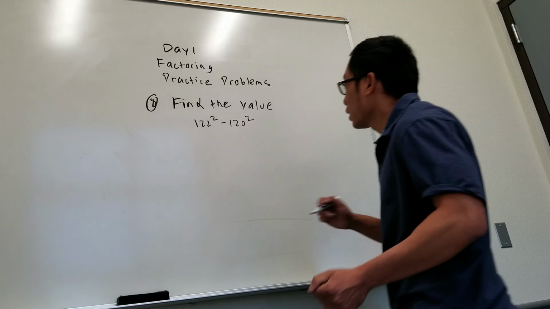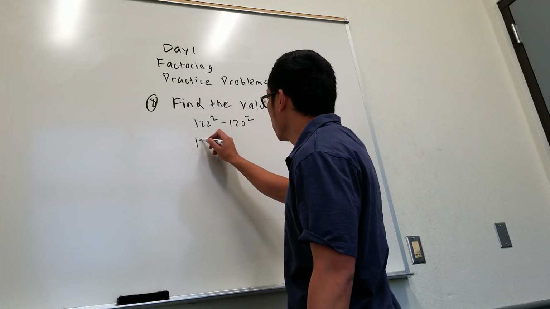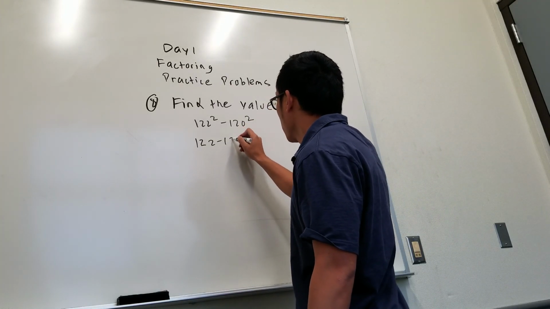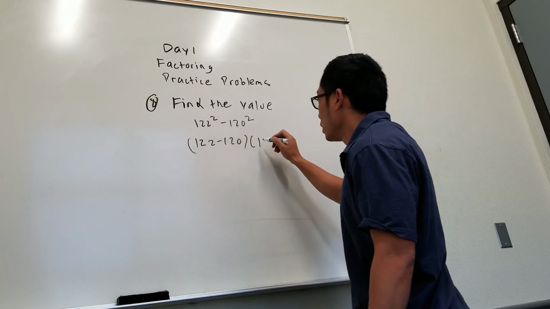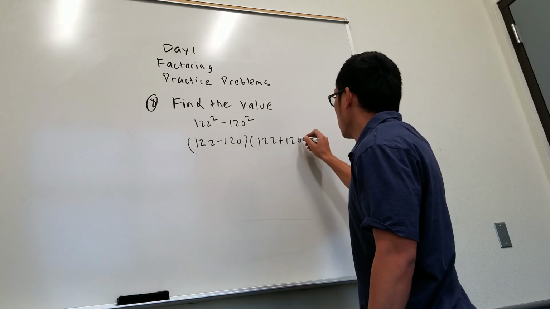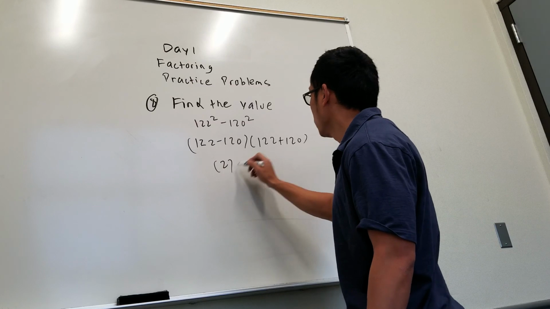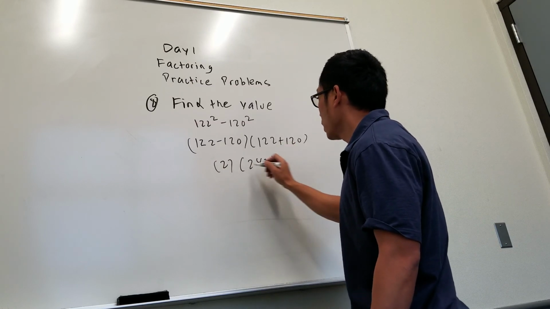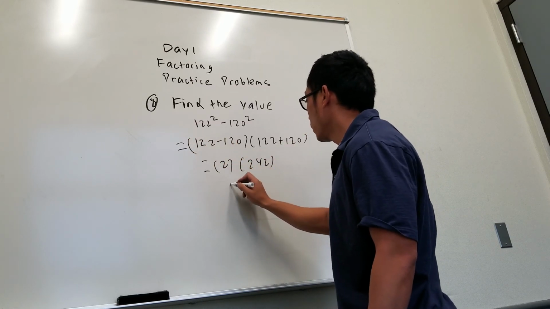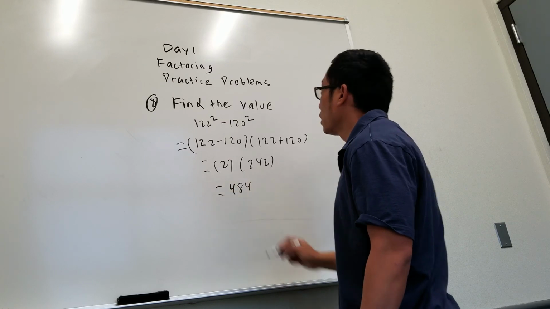So when I do that, I have what here? This is going to be a squared minus b squared, so a minus b in this case, and this would be a plus b, right? This would just be 2 times 242, right? And this would be 484. And that's it. There you go.